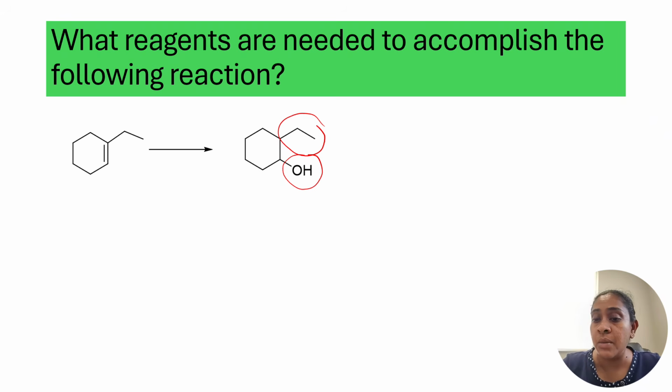So this is anti-Markovnikov hydration. Therefore, the reagent sequence that matches the product drawn is hydroboration oxidation. First, you have to add borane, BH3 in THF, followed by hydrogen peroxide and hydroxide.